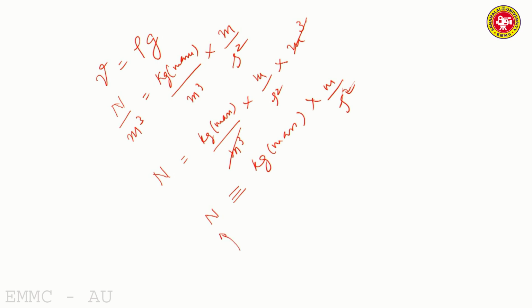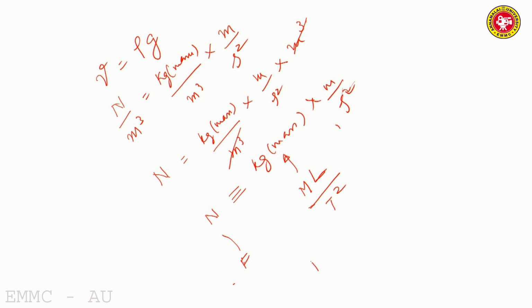Now what is the dimension of Newton? Newton is a force quantity, that is F. The dimension of any force is F. Then kilogram mass is the unit of mass, so the dimension of mass is M. Meter is the unit of length, the dimension of length is L. And S is the unit of time, that is seconds, so second square will be T square.